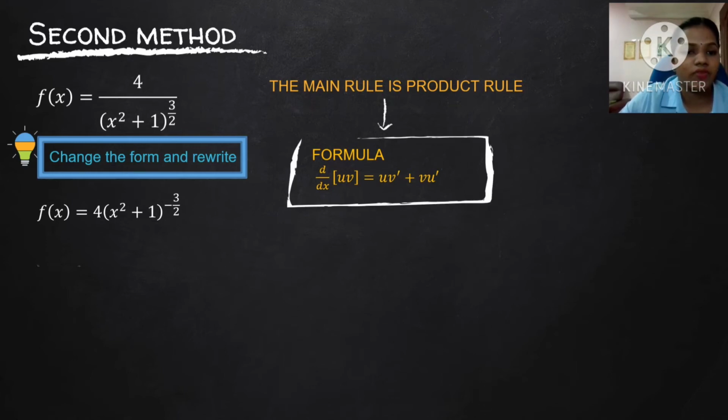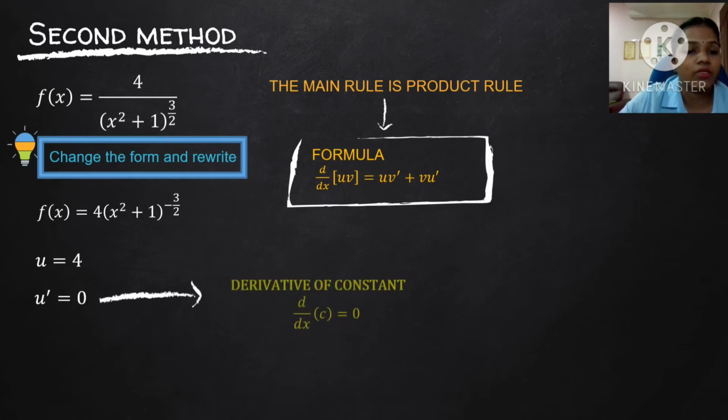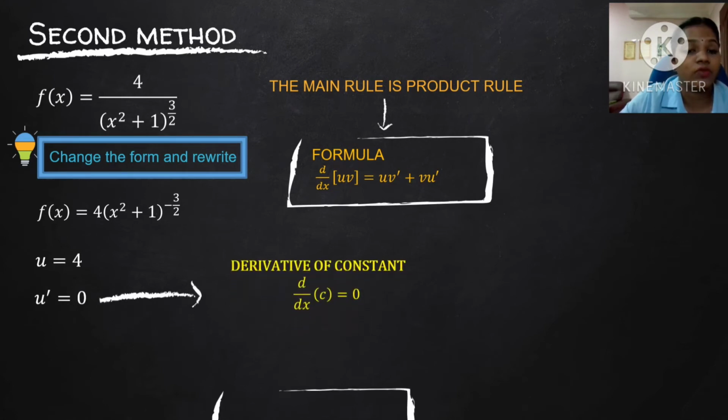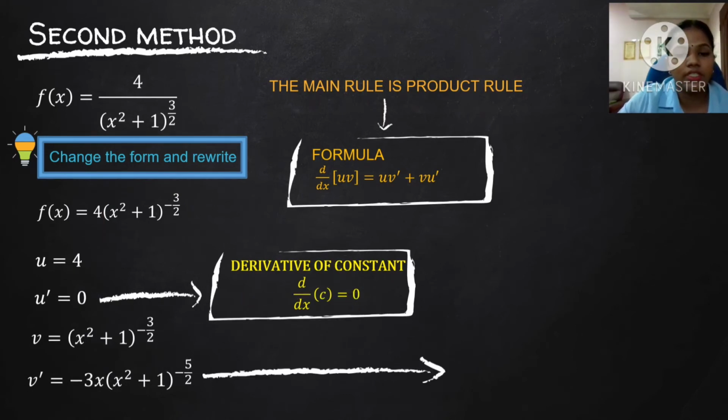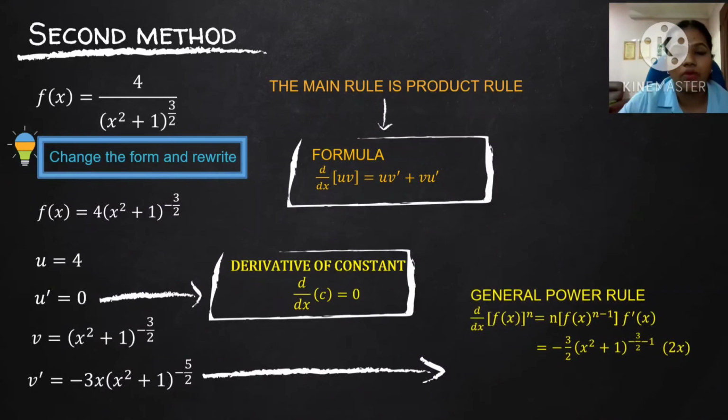Next we find u, which is the 4 in front, and for u prime we derive the 4, which gives 0 because we are deriving a constant. For v, we copy down the back one, and for v prime we derive v. This derivation involves the general power rule, this one.